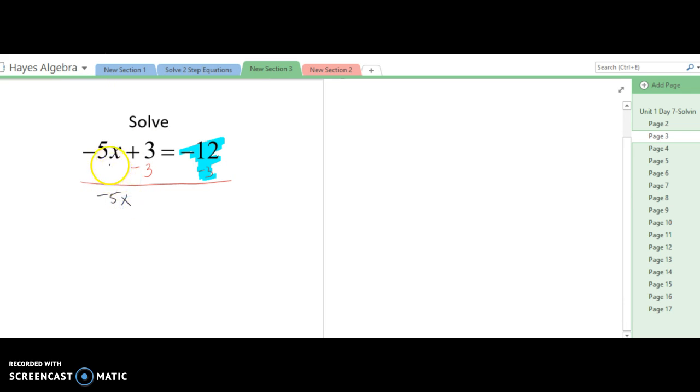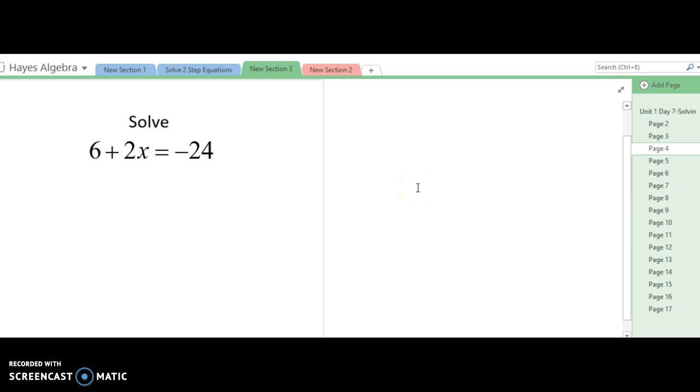So I bring down the 5x, the 3s eliminate. Negative 12 minus 3 is equal to negative 15. And now I can get rid of the negative 5 by division. And x is equal to 3. And we are done.